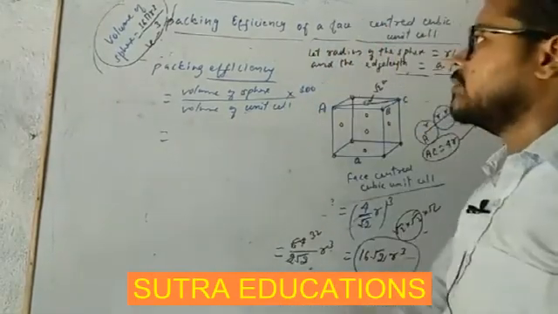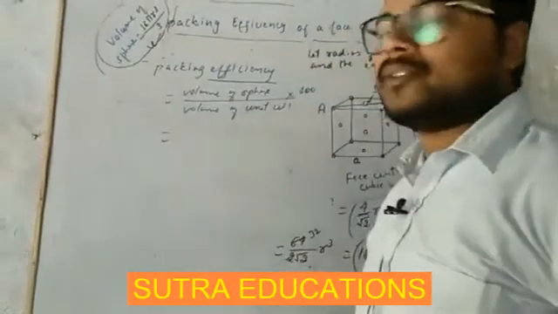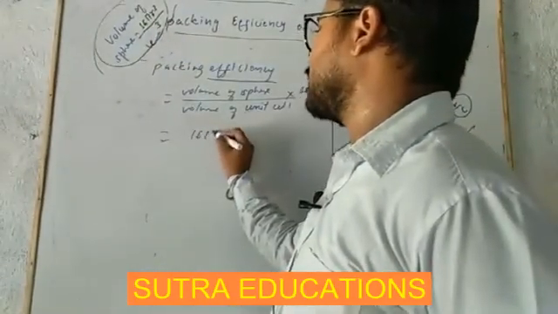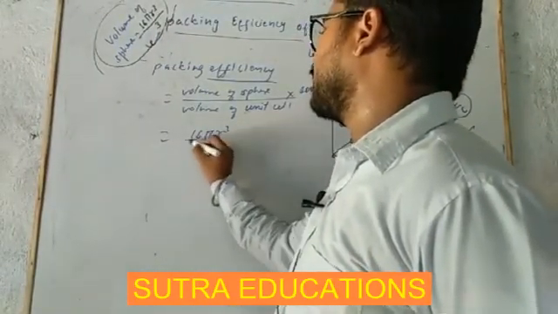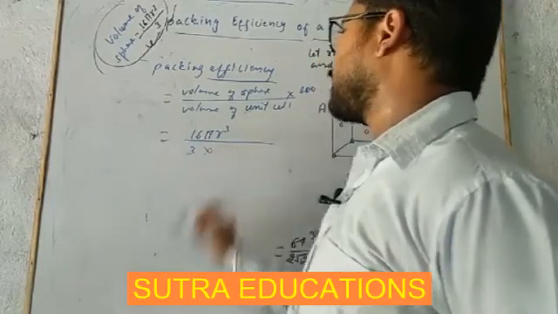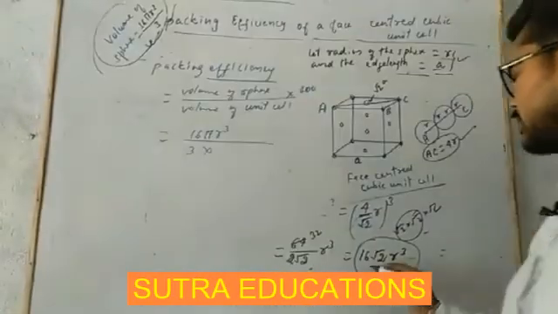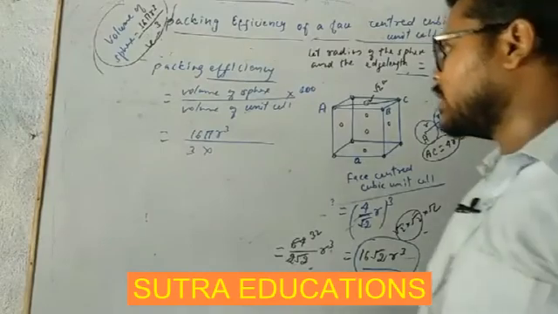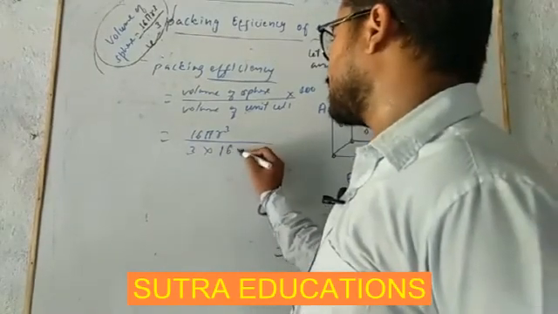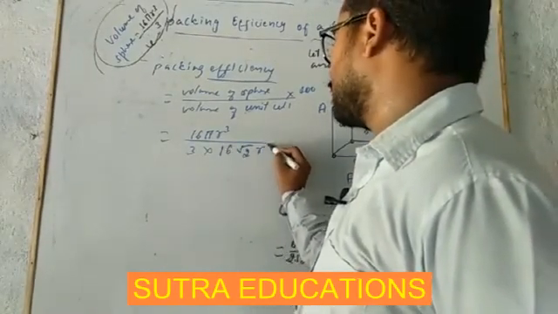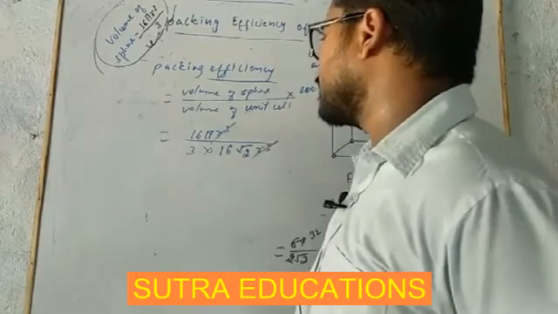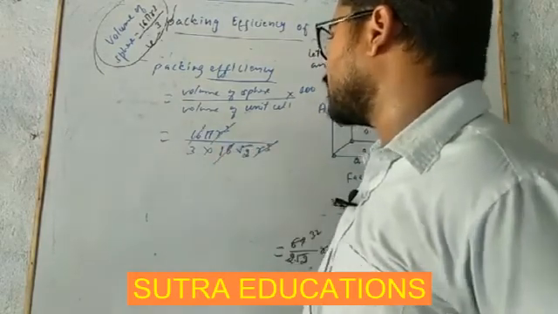Volume of sphere we have calculated, 16 pi R cube upon 3, upon volume of unit cell, which is 16 root 2 R cube. R cube got cancelled, 16 got cancelled.